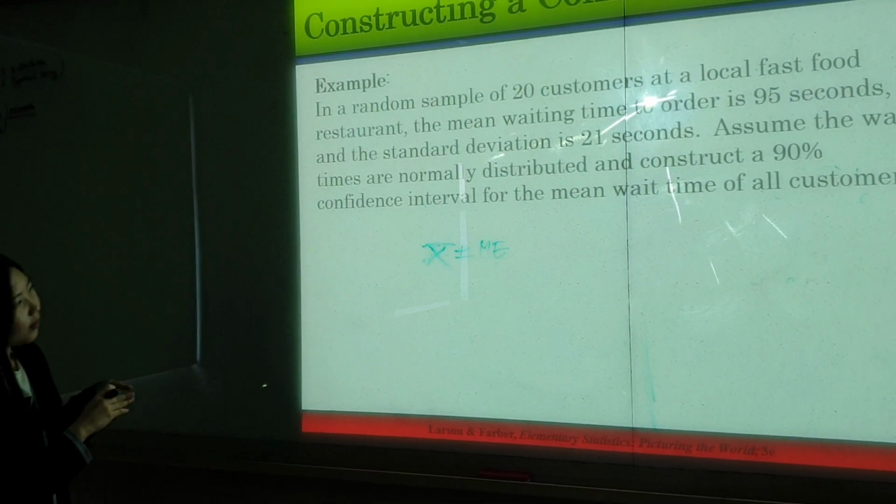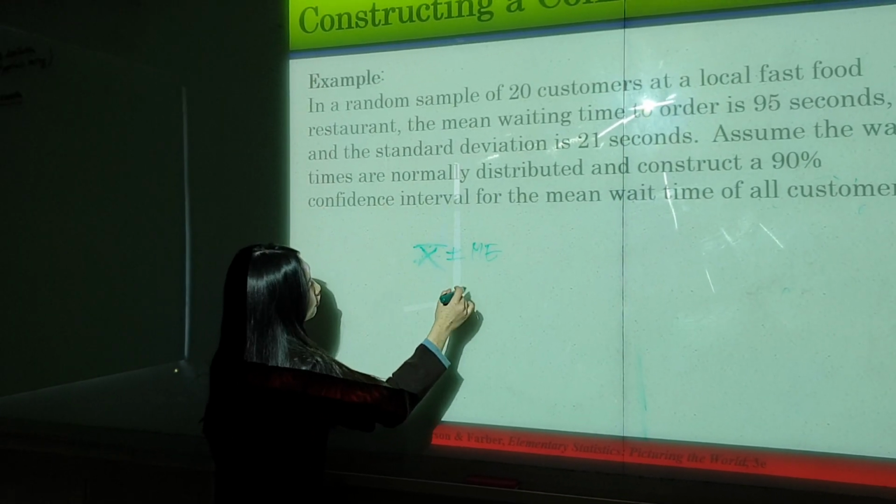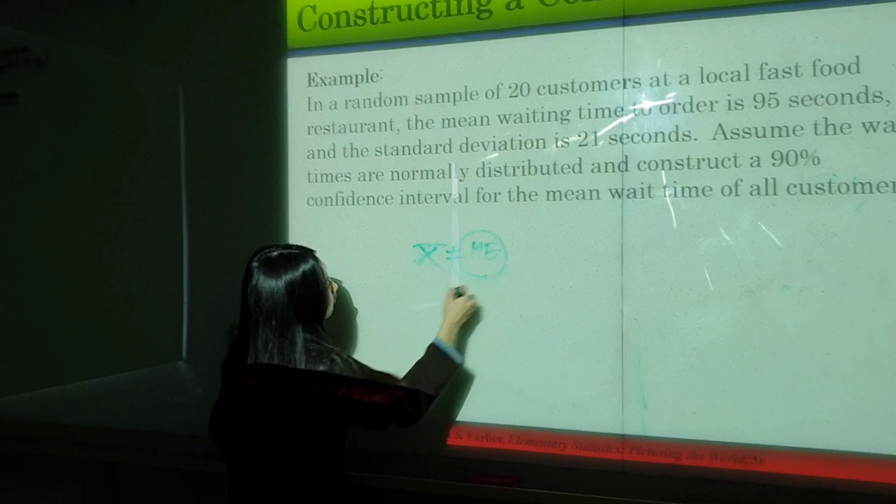And we can use the t-distribution to find the margin of error.